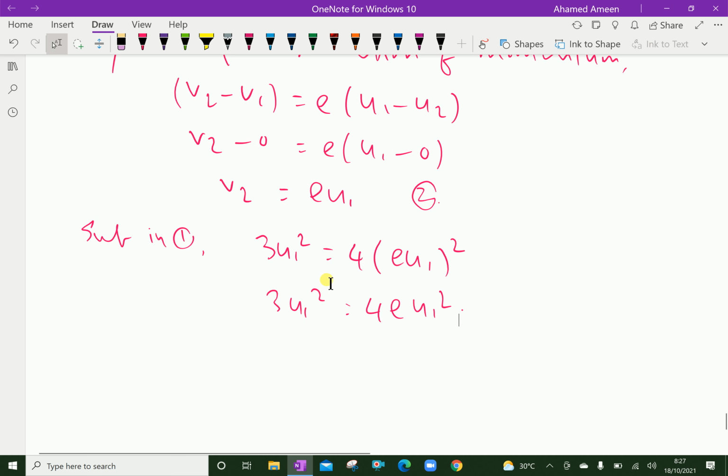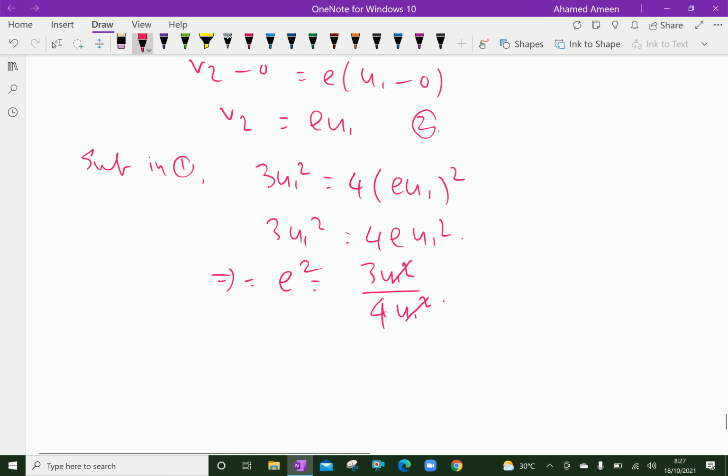Now from that, e square equals 3 u1 squared over 4 u1 squared. Both u1 squared cut, therefore the coefficient of restitution e square equals 3 over 4.